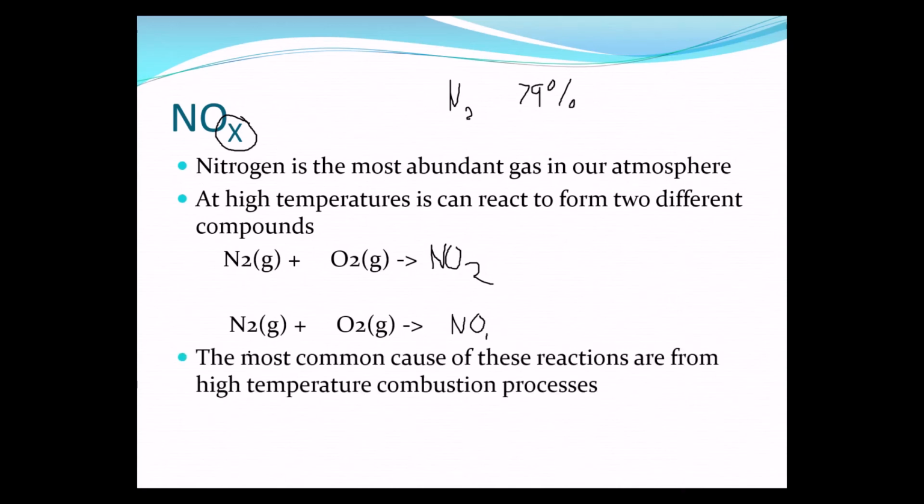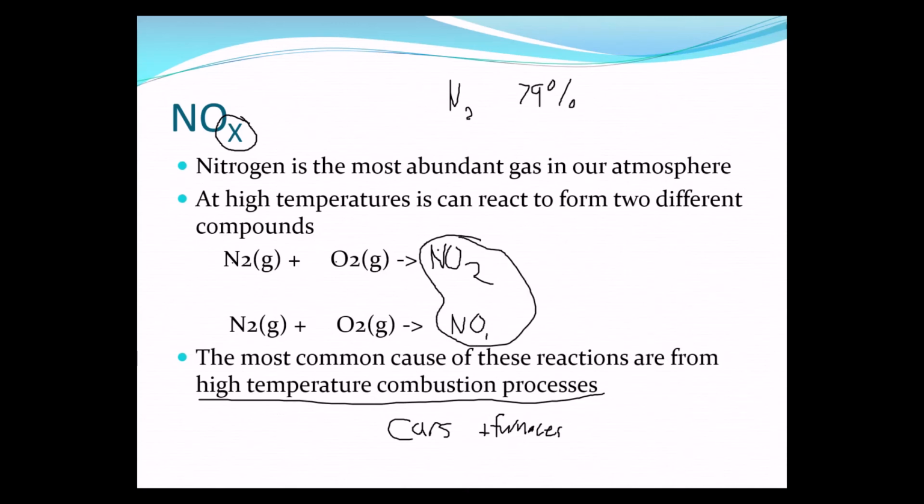The most common cause of these reactions are high temperature combustion processes, so this is cars and furnaces. Anything that's really hot will cause the nitrogen and the oxygen to mix together into these compounds, which are not good.